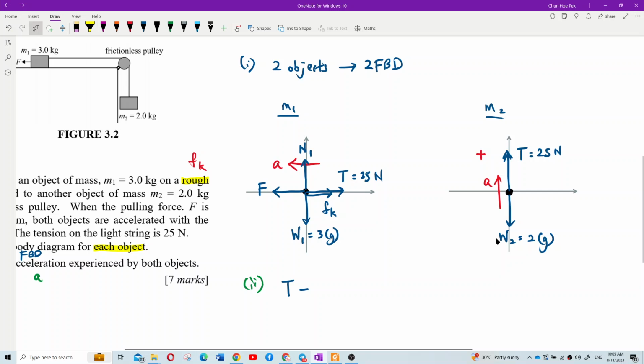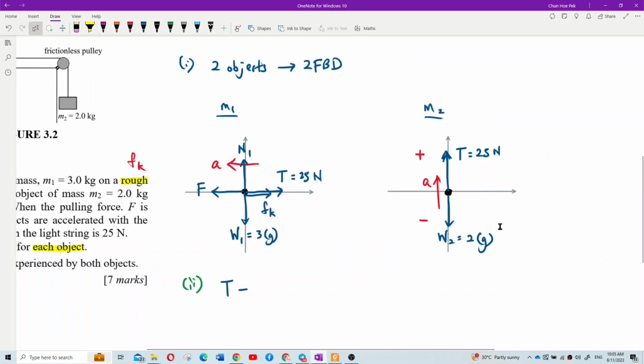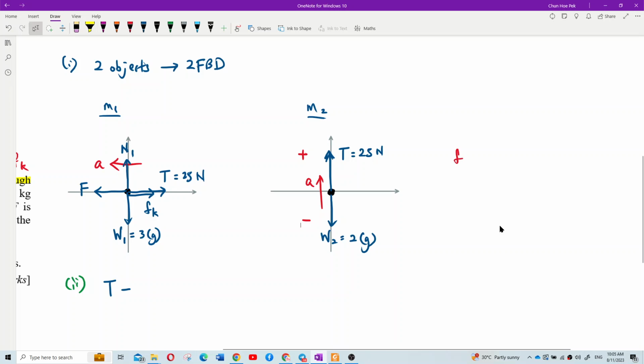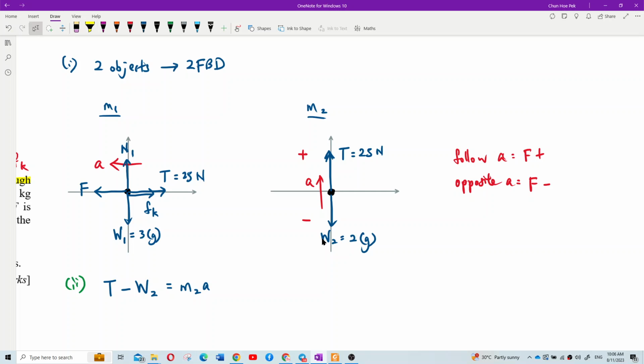For the second law, if the force follows acceleration it is positive; if it is opposite to the direction of acceleration, the force is negative. So tension follows acceleration, so it is positive. W2 is opposite to acceleration, so negative. So we can write T positive, W2 negative, because opposite, and equal to M2 A for mass 2 only.